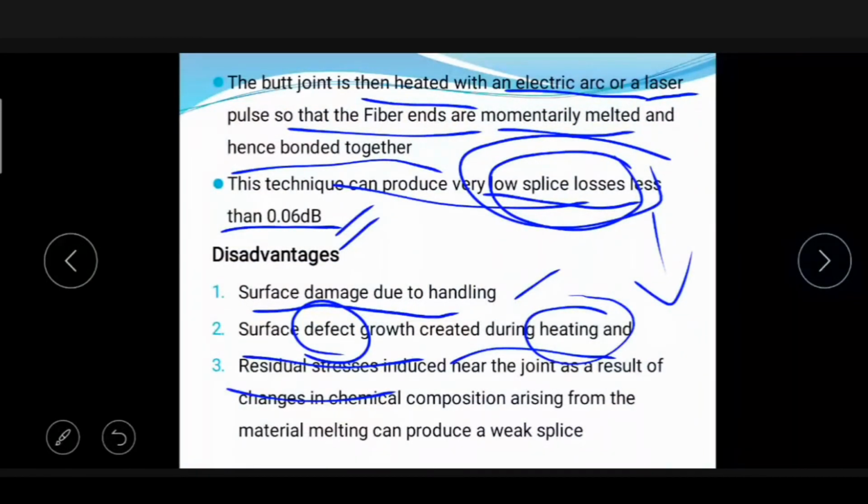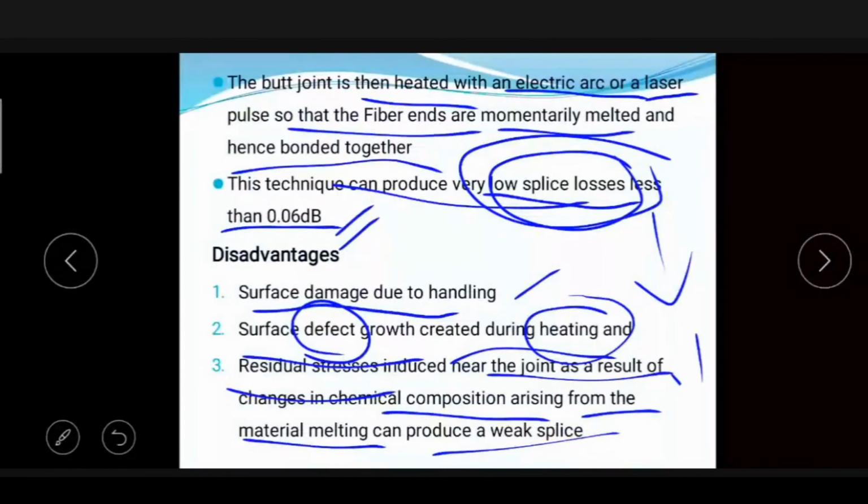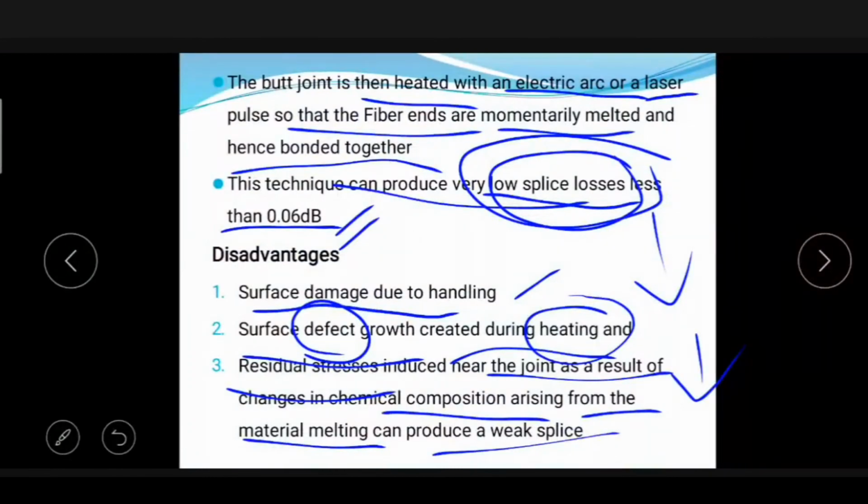So that is residual stress induced near the joint as a result of changes in the chemical composition arising from the material melting. So material melting occurs, due to which all this residue may be deposited, which is a drawback.